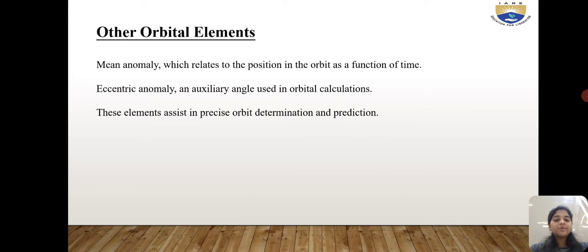Other orbital elements: mean anomaly, which relates to the position in the orbit as a function of time, and eccentric anomaly, an auxiliary angle used in orbital calculations. These elements assist in precise orbit determination and prediction.